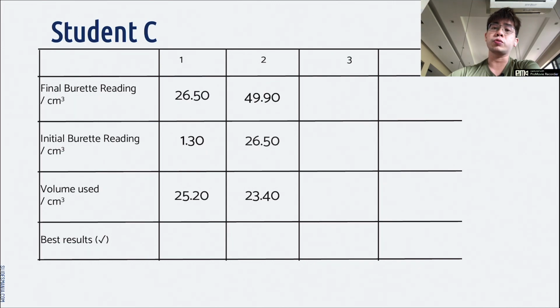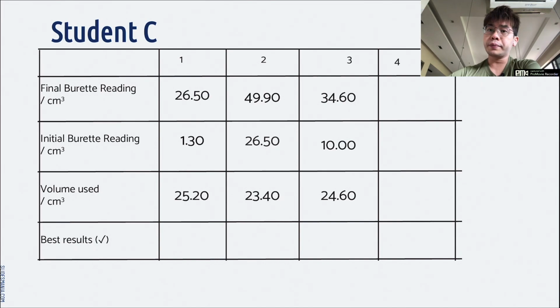So he did another accurate titration, and got 24.60, which is still not concordant, very far away because it's more than 0.20. So he drew a fourth column because he needed to do another accurate titration. This time he got a value of 25.10.